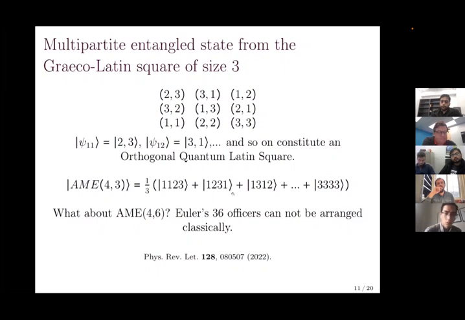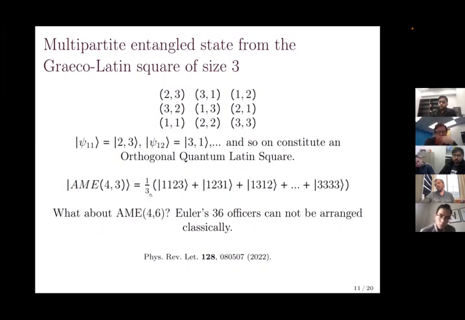So it's basically 2 separate notions which correspond to one another. One is the orthogonal quantum Latin square, which is an array of quantum states. And the other is the absolutely maximally entangled state. So for an array of states, you can get an absolutely maximally entangled state.